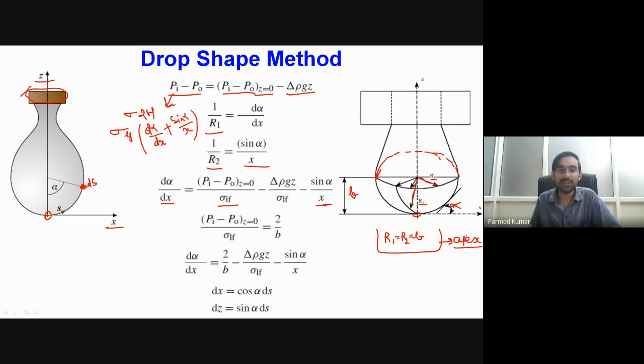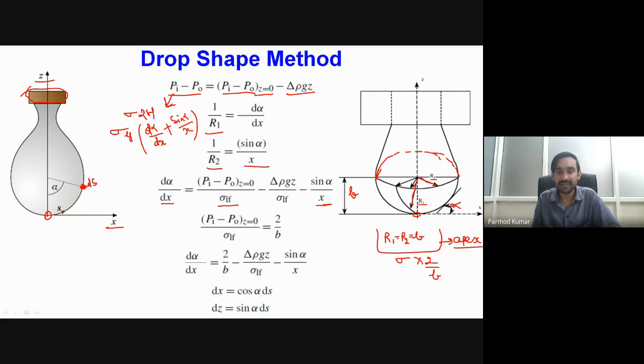Because of that, p_i minus p naught at z equal to 0 can simply be related to sigma times the curvature, and the curvature becomes 2 by b. So we have written (p_i minus p naught at z equal to 0) divided by sigma is equal to 2 by b.